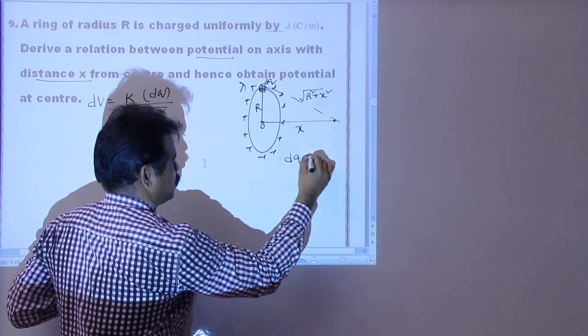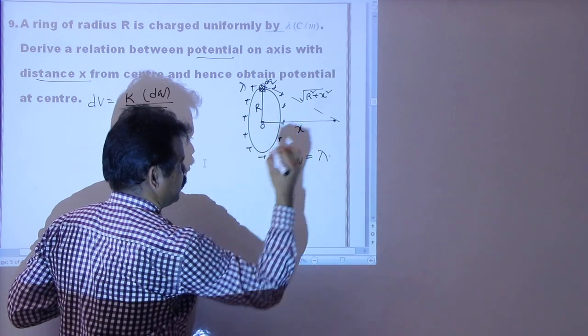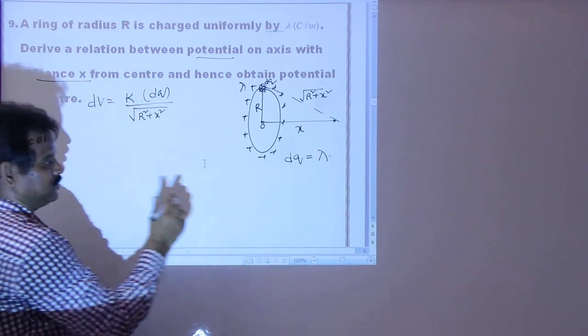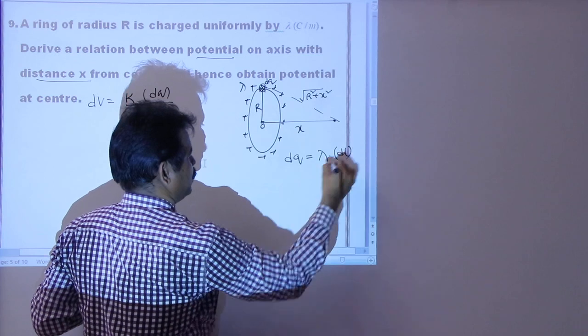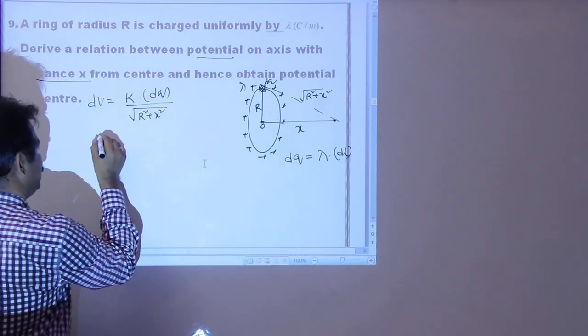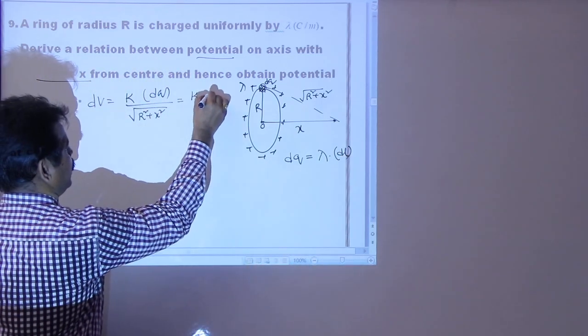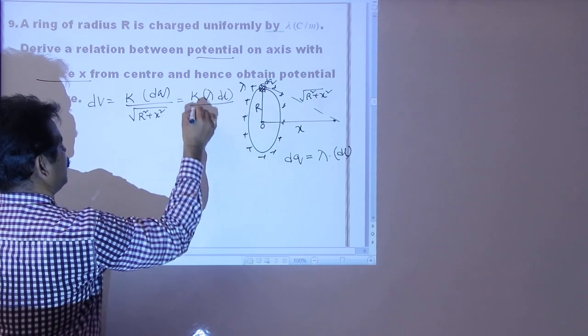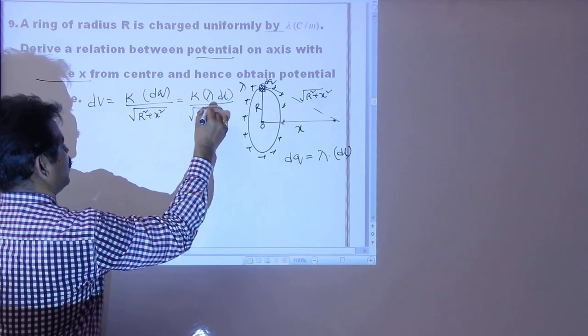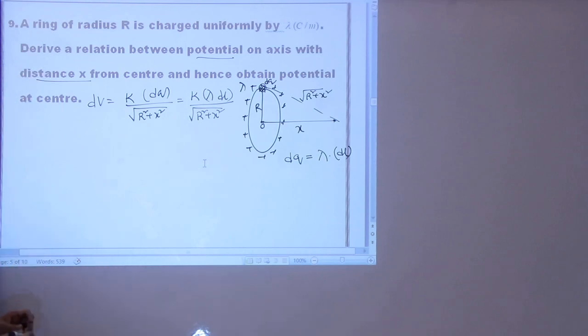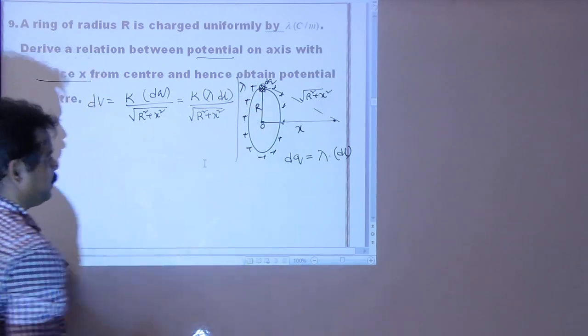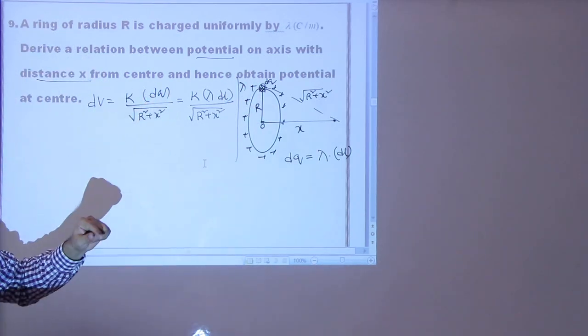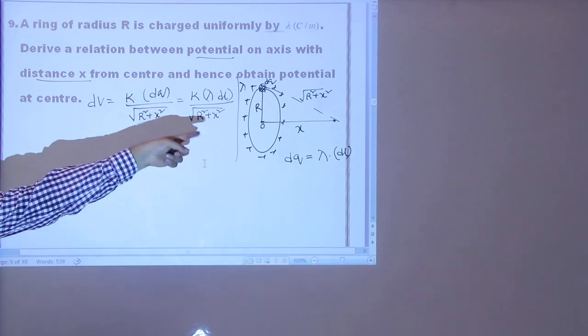But what is this dq? We know that dq is equal to lambda into that small distance, which is given by dl. So here you can write this as k lambda dl by root over r square plus x square. So this is the electric potential due to a small element.